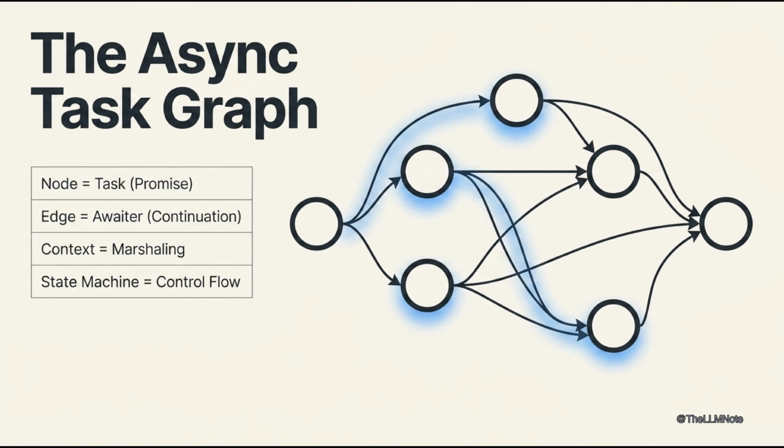This raises a critical question: the Async Task Graph. The Interview.NET framework crystallizes concurrency into a single mental model. Every async call is a task node, every await a continuation edge. Four foundational pillars: task promise, awaiter, completion notification; synchronization context, marshalling; state machine, control flow capture.